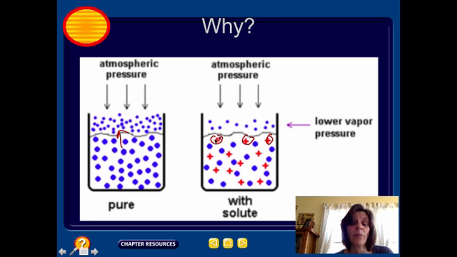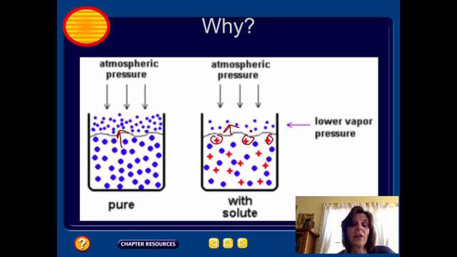So you have a lower vapor pressure whenever you have a solute dissolved in the water. That lower vapor pressure means it takes more energy to get the vapor pressure up to equaling the atmospheric pressure. Therefore, you have a higher boiling point.